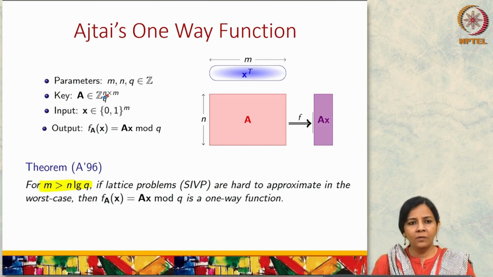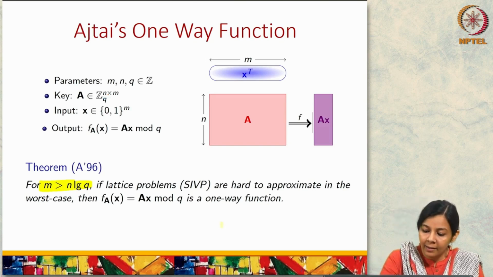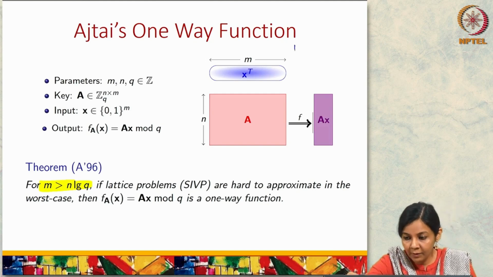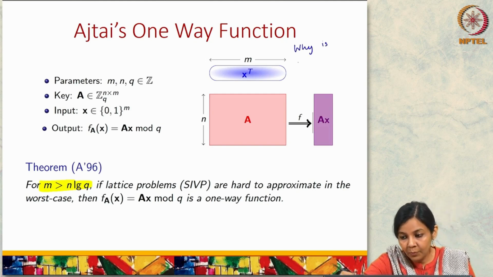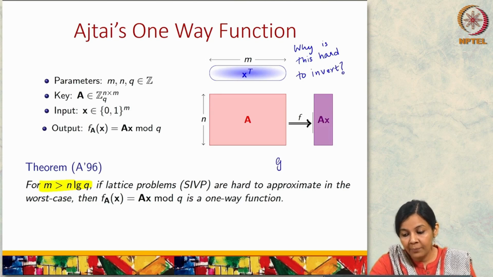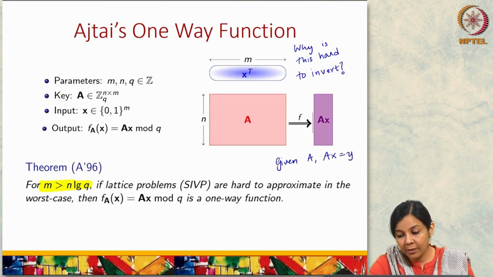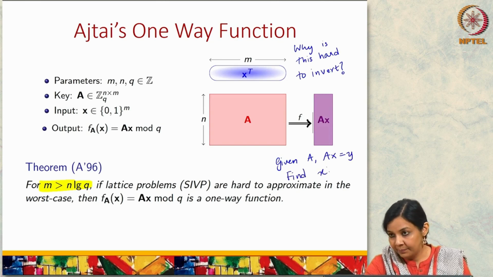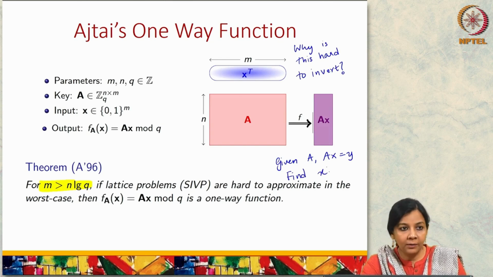Now, why should this be hard at all? Given A, and some Ax, let me call that y, what is my goal? It is to find x. This is what it means to invert this one-way function.